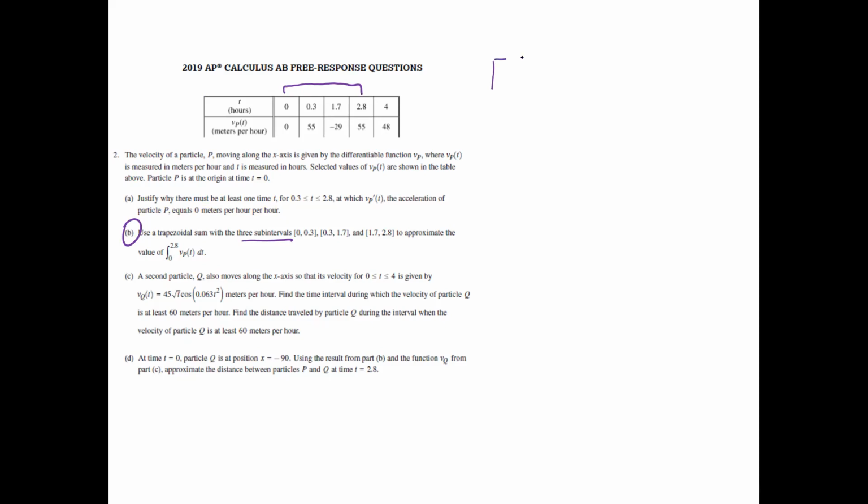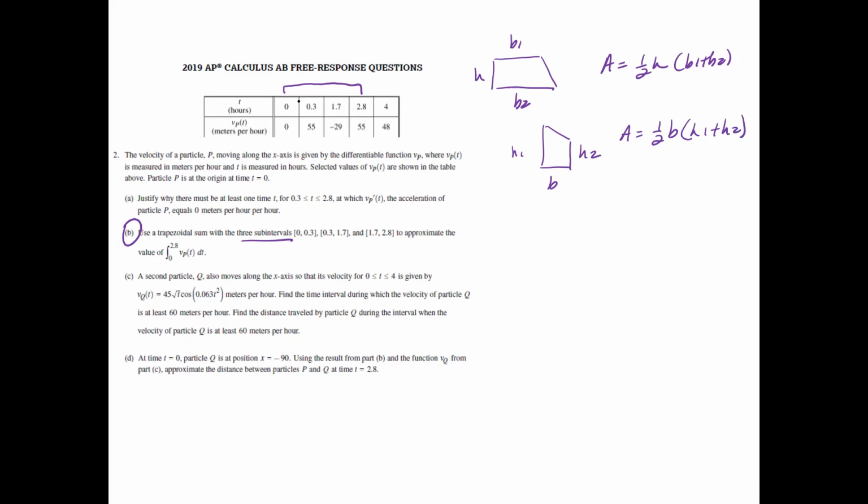So normally when you have a trapezoid, the area of a trapezoid is 1/2 height, base 1 plus base 2. But remember I told you guys you're going to have to rotate this a little bit. So then you have height 1, height 2. Your base is now here. So your area is 1/2 base, height 1 plus height 2.